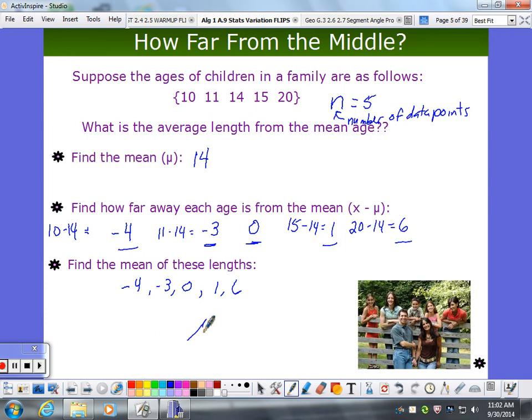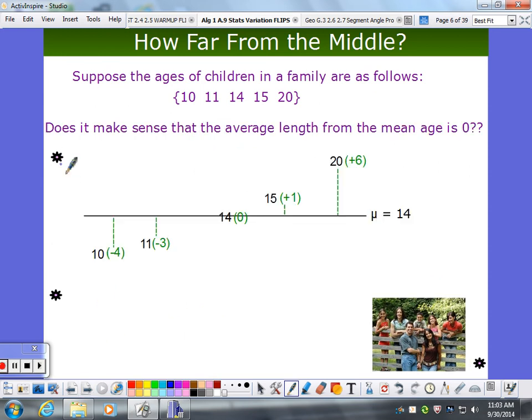Does that mean the average distance is 0 from the mean? Is everybody at the mean? No, 4 people are not at the mean. So if I want to know on average how far away everybody is from the mean, I've got a problem. These are the distances from the mean, and when I take the average, I get 0. I'm not sure what happened here.